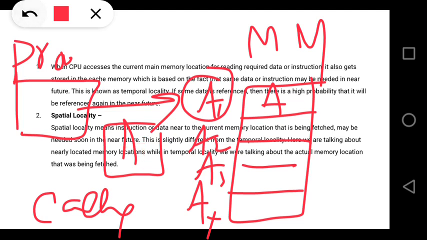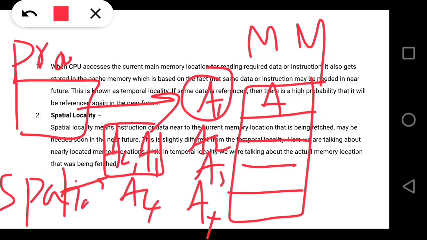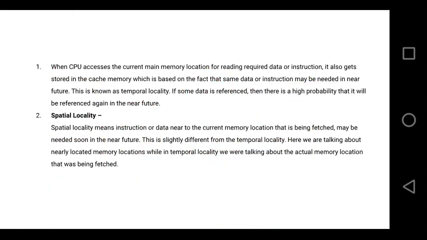And if you store address 2, address 3, address 4, this is called spatial locality of reference.